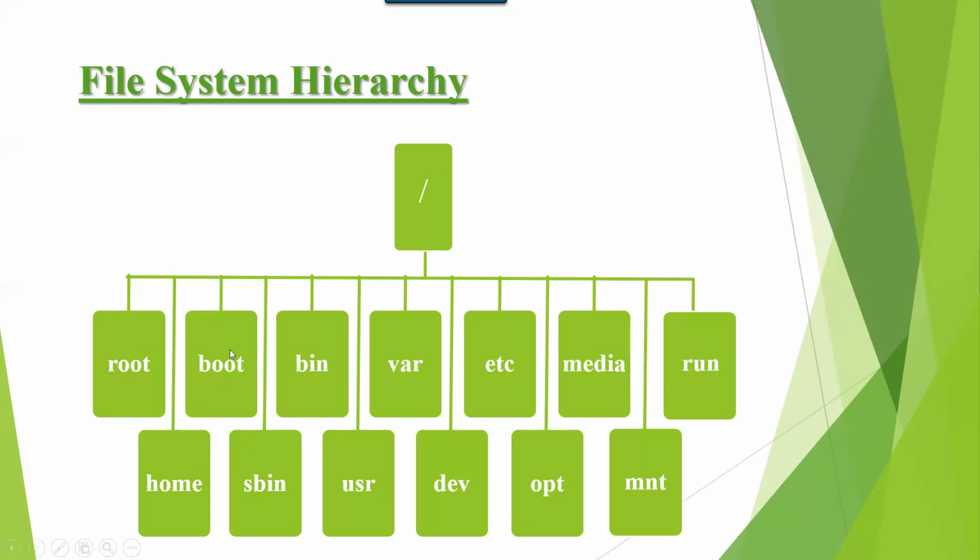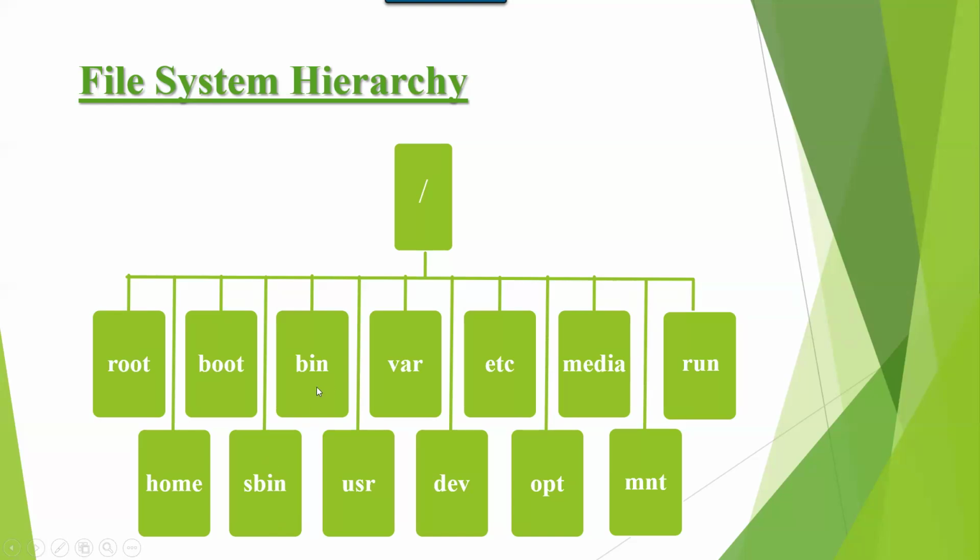Boot contains bootable files and kernel. Up to RHEL version 6, the kernel is stored under boot. SBin contains super user commands, the commands which can be executed by the super user. Those commands are stored under SBin.